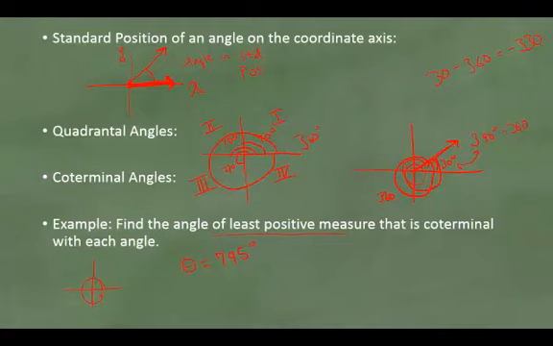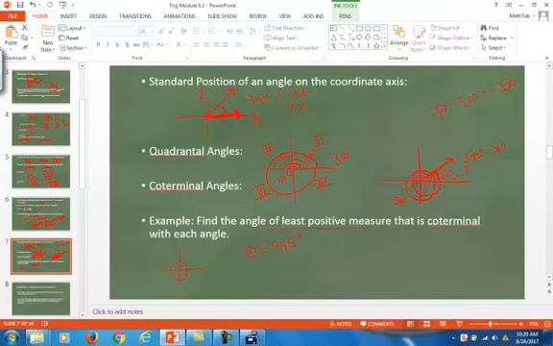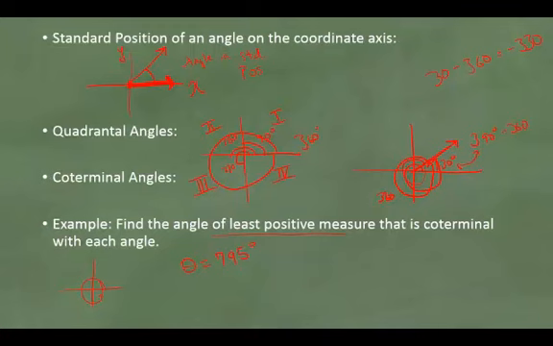We're going to subtract 360. 795 minus 360 is 435. That's still bigger than 360, so we subtract 360 again. It's 75 degrees. So 75 degrees plus 360 plus 360 is 795. So 75 degrees is our coterminal angle.